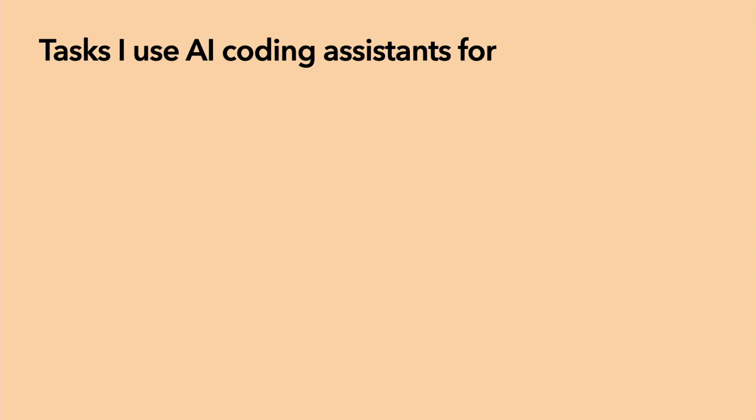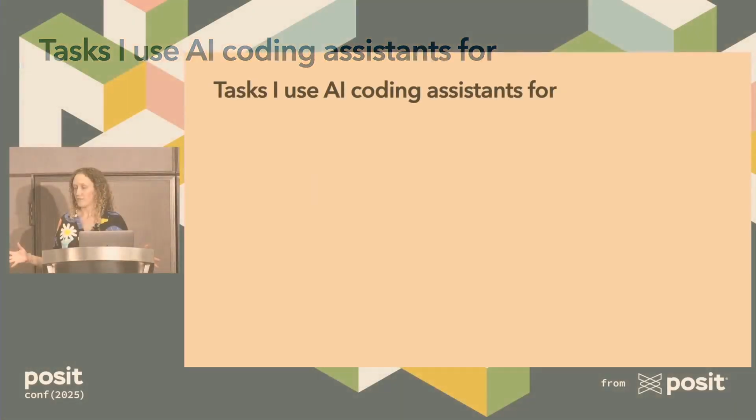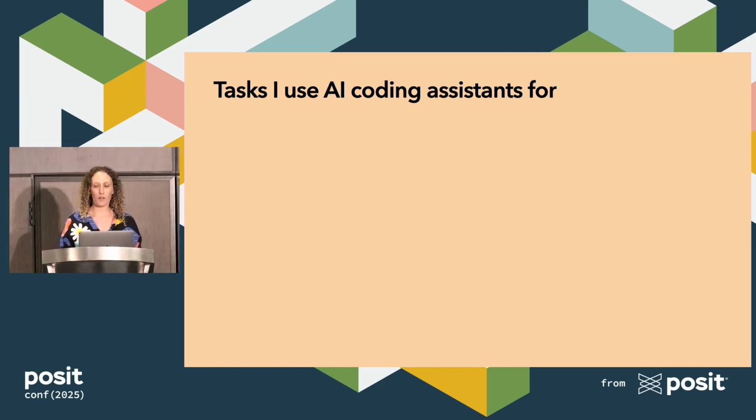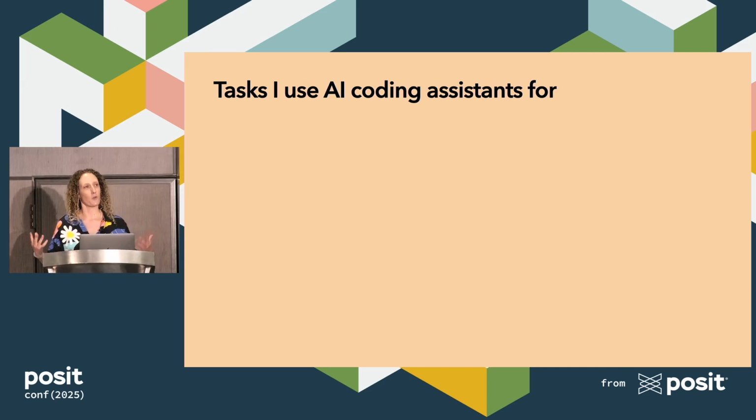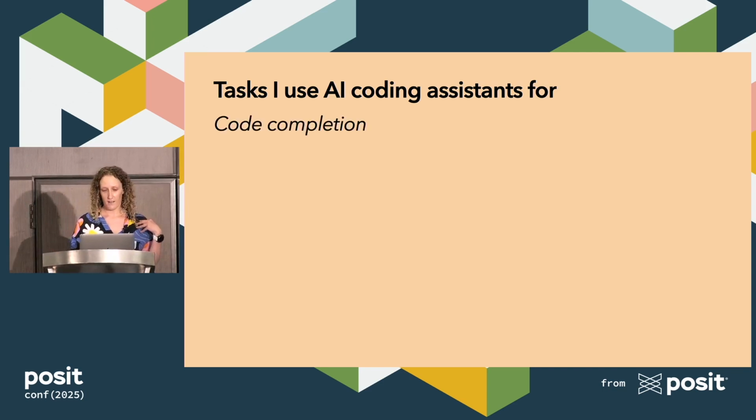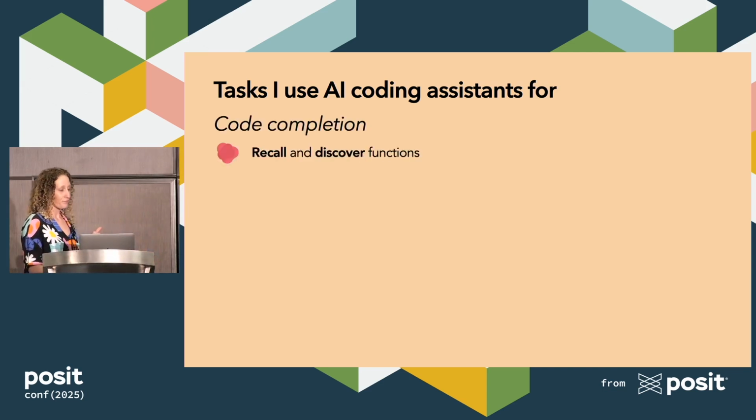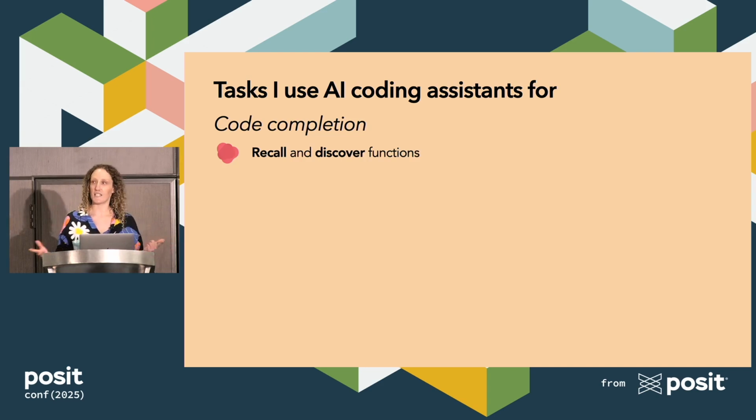So clearly, these are pretty useful, right? All of these tools. So I want to give you some other examples of things that I have used these AI assistant features for that have helped me a lot. So code completion, I find it incredibly useful for remembering functions whose names I can't remember, which happens a lot, and for discovering new functions that I didn't know about.